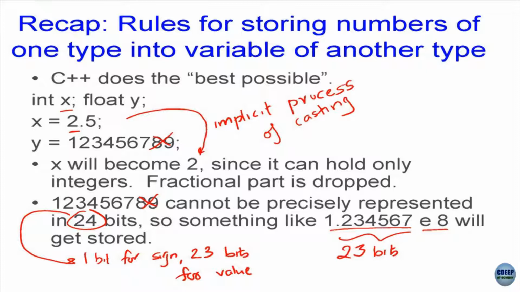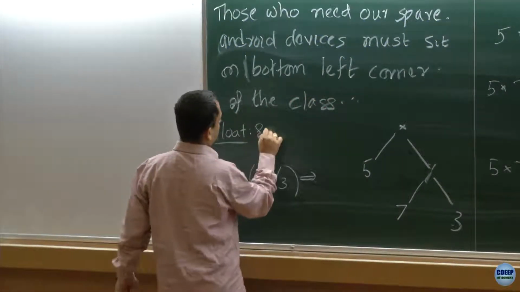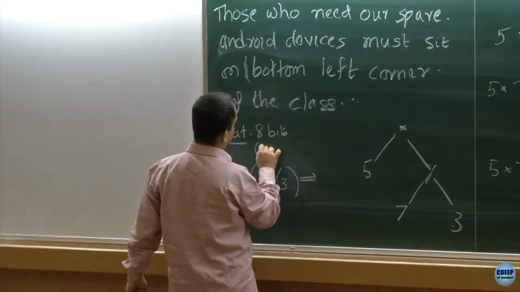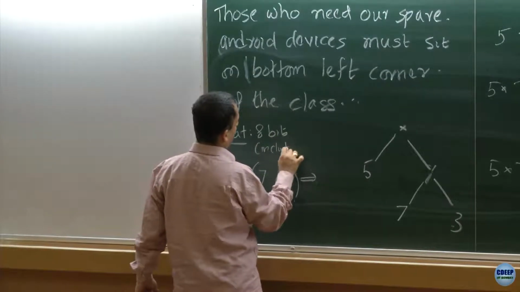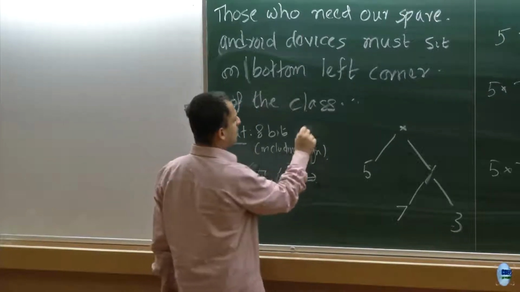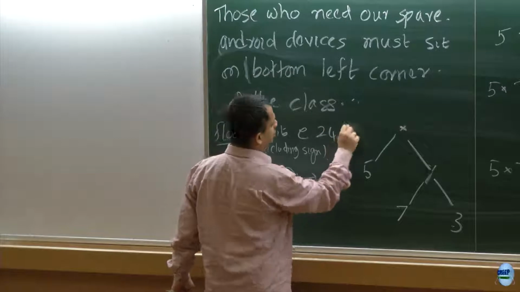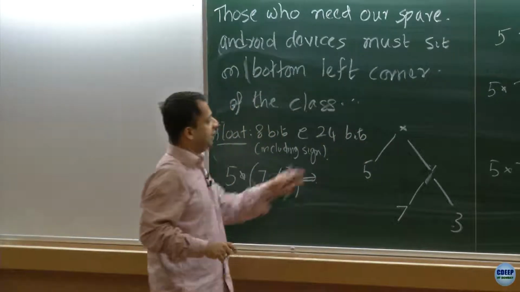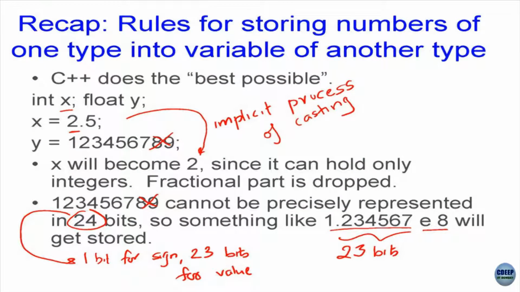So 8 bits are for the case of float, 8 bits including sign, which we will see today, and e, 10 raised to, 24 bits. Is that clear? Actually it's 23 bits because once again in 24 bits one is preserved for the sign.